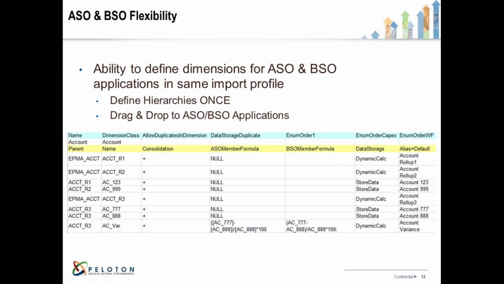So now I can define this flexibly so that if I bring this hierarchy into an ASO cube, it will use the MDX formula for it, whereas if I bring it into a BSO cube, it'll automatically use the BSO formula for it. So it's just very easy and allows you to create one hierarchy and drag and drop it between ASO applications and BSO applications.